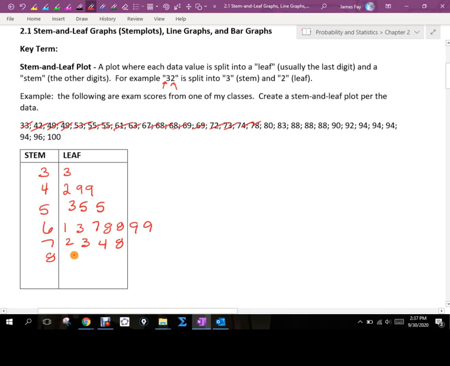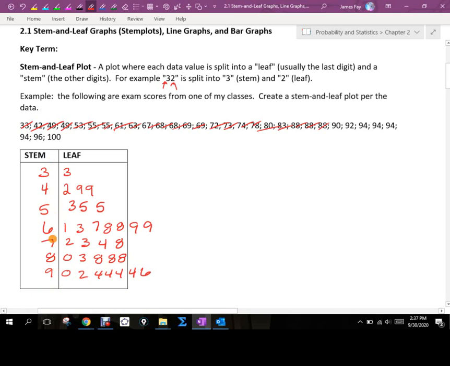And then we've got an 80, 83, 88, 88, 88. We've got a 90, 92, a 94, 94, 94, 94, and a 96. And then we've got 100. So I get to one.